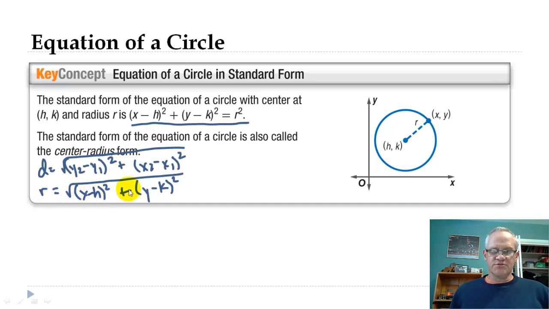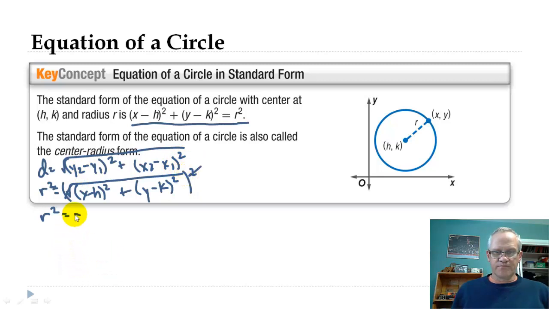Okay, so we just plug that in the distance formula there, and the only thing that's left, remember how to undo a square root, you square it? And so if I were to square this, I would have to do the same thing to the other side, making that r squared. And what I come up with here is r squared, and then the square root would cancel the square on this side, and what do we have left?